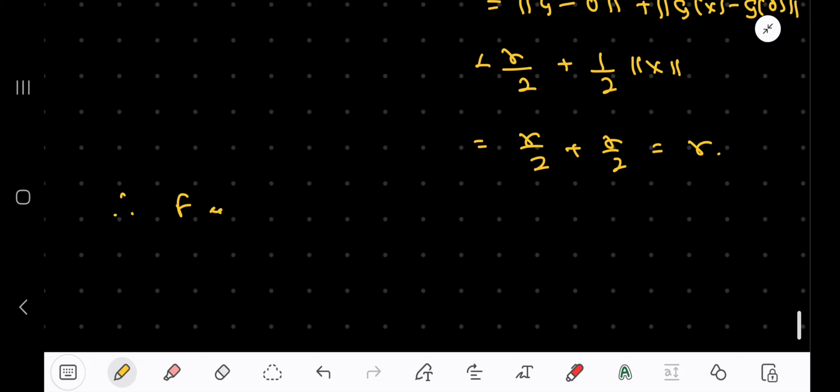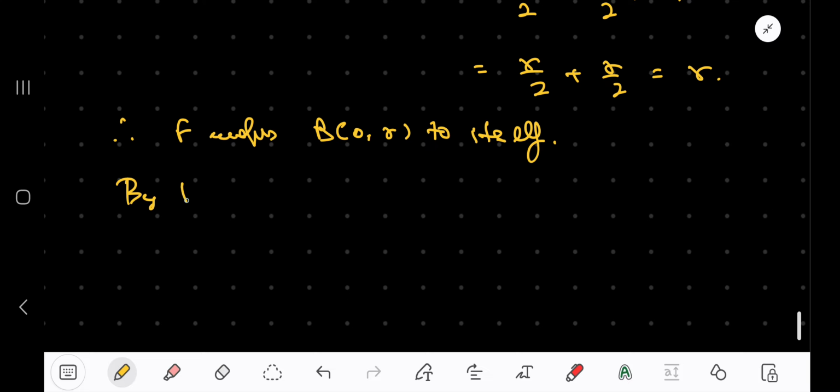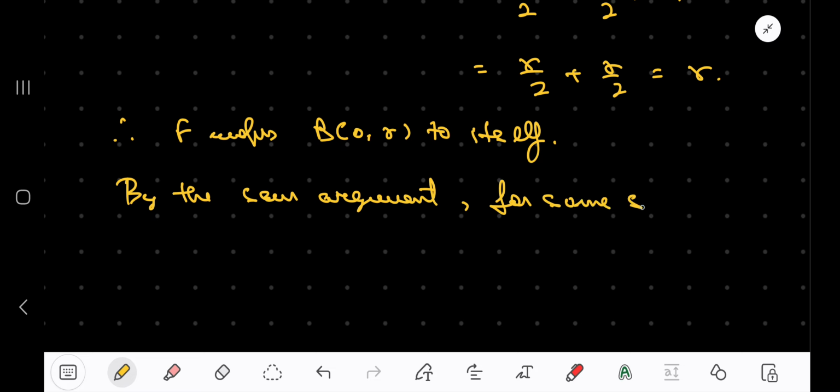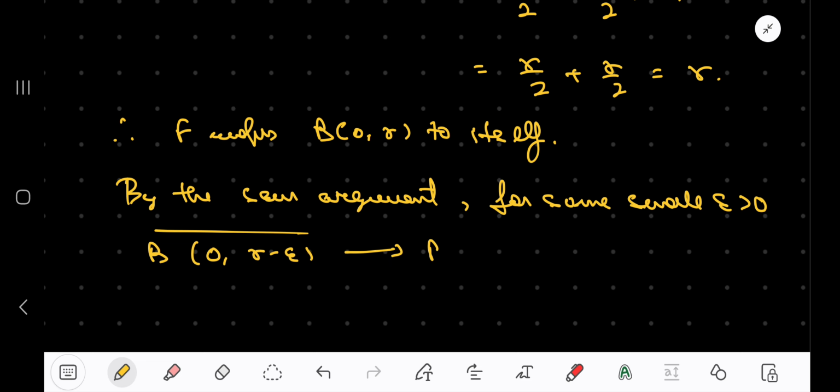Therefore f maps B(0, R) to itself. Fine, it's good to go. Similarly, by the same argument, for some small epsilon, we can see that f maps this closed ball to itself, for sufficiently small epsilon.